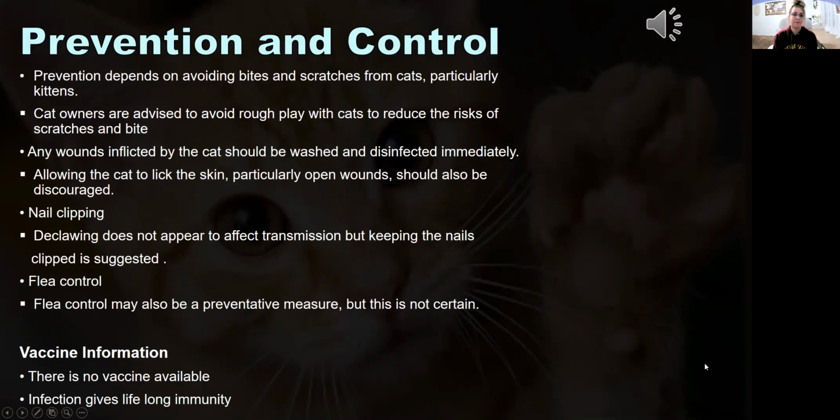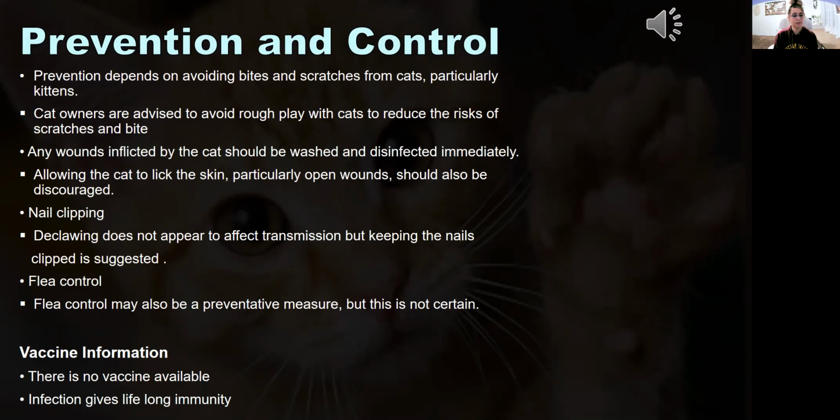Any wounds inflicted by that cat should be washed and disinfected immediately and thoroughly. Allowing the cat to lick the skin, particularly any open wounds, is always discouraged. Nail clipping is also important. Declawing does not appear to affect the transmission, but keeping the nails clipped is highly suggested.